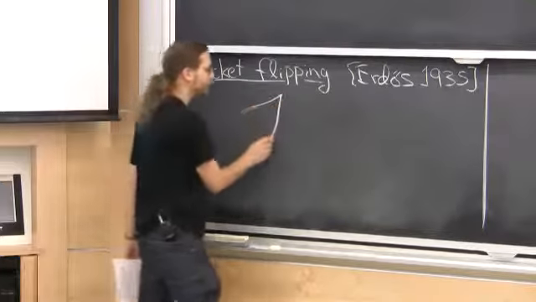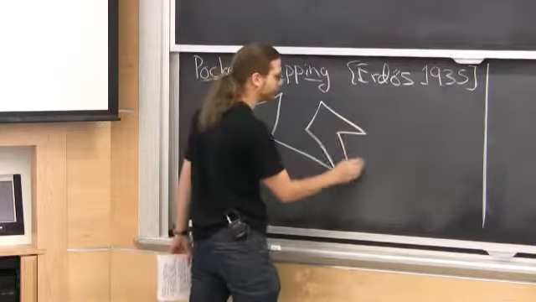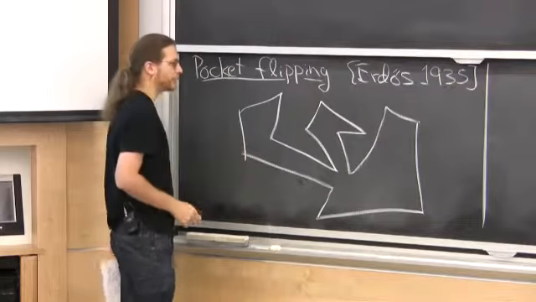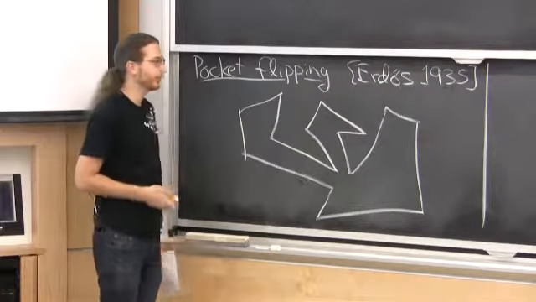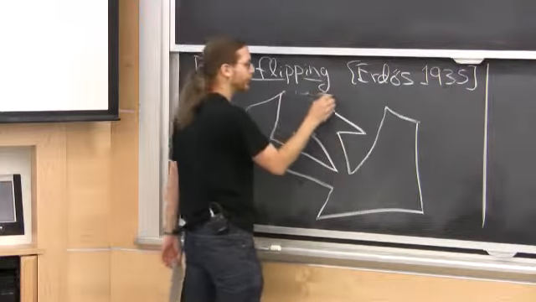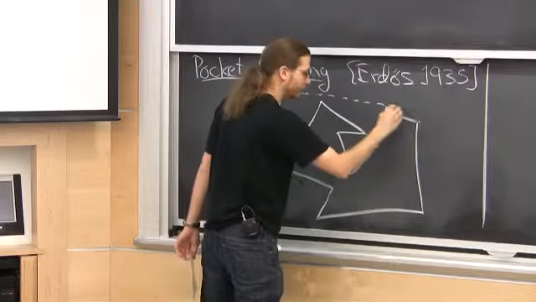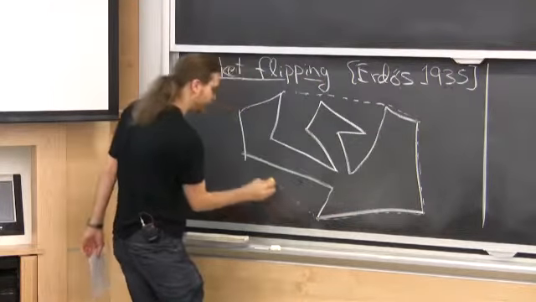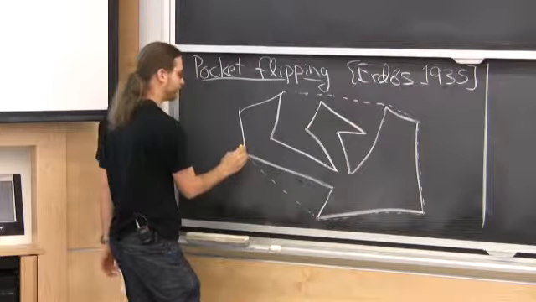So suppose you have some polygon in the plane, and you take what's called the convex hull of the polygon. So the smallest enclosing convex shape that encloses the polygon. So it's going to go here. Some places it might coincide with the polygon. Other places it's going to close off some parts.